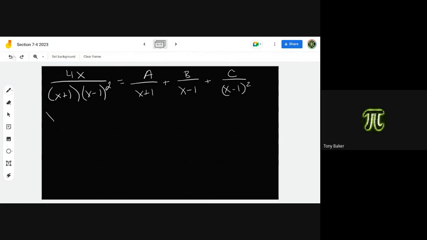Actually, hold on, let me do one step before that. So 4x equals A times x minus 1 squared plus B times x plus 1 plus C times x plus 1. So that's what I got.